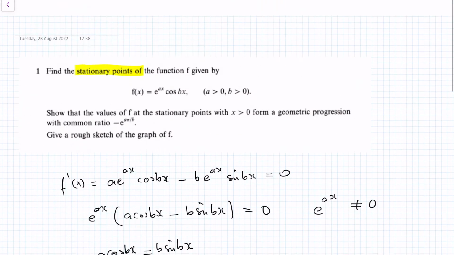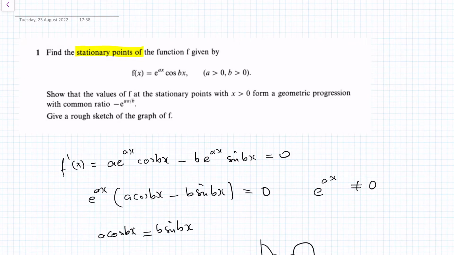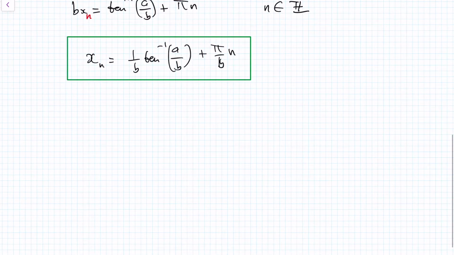The second part of the question says: show that the values of f at the stationary points with x greater than 0 form a geometric progression with the common ratio and so on. So let's simply follow the instructions. To show something is a geometric progression, we have a, ar, ar squared, and so on.